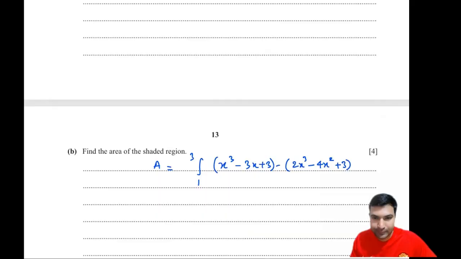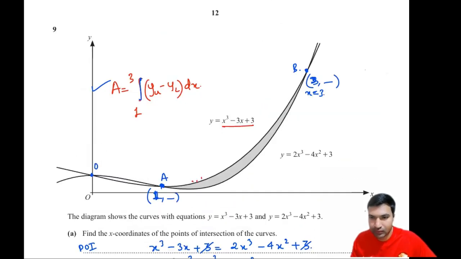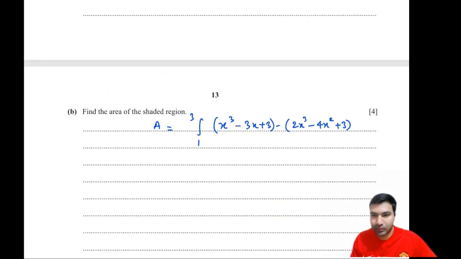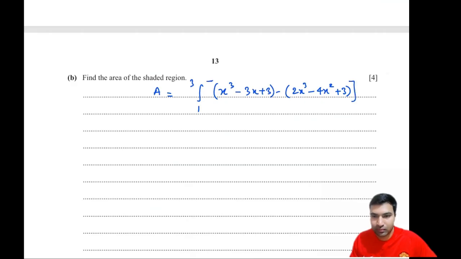Okay, so let me recheck this. Minus 4x squared plus 3. Perfect. So upper curve minus lower curve from 1 to 3. This is what I need to integrate for the area between the curves. So if I open this, I'll basically get negative x cubed minus 3x, minus times minus is plus, positive 4x squared, plus 3 and minus 3 cancels out.